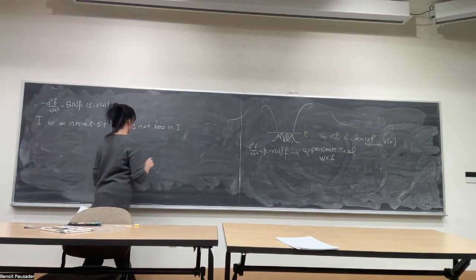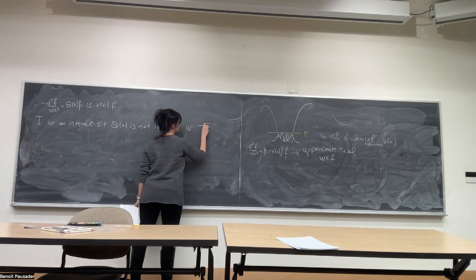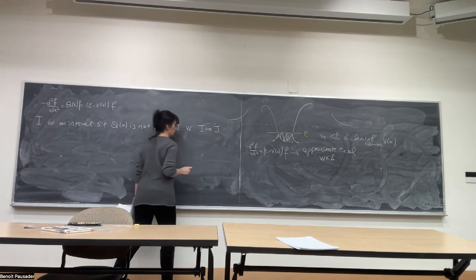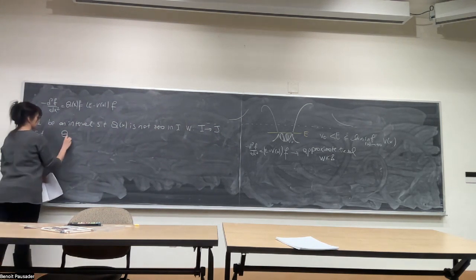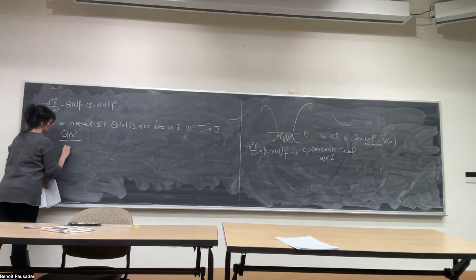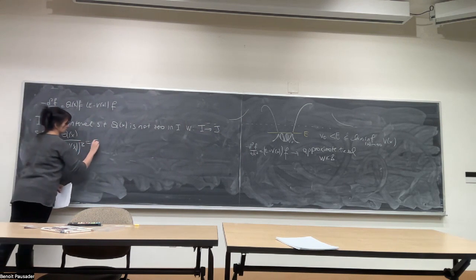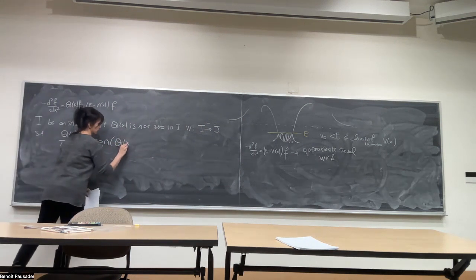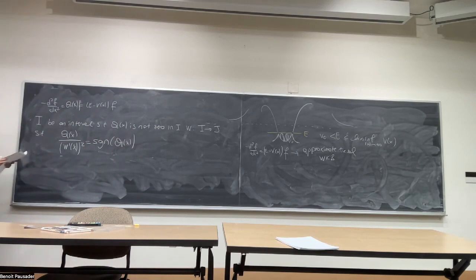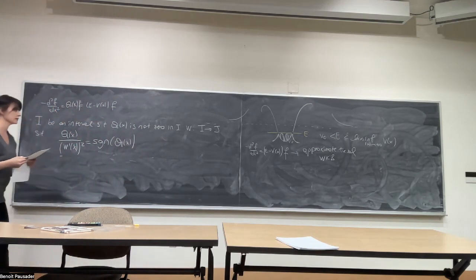And we define W from I to J such that 2x divided by W prime x squared will be the sign of Q of x. So it's either plus or minus, since we already assume it's not zero.